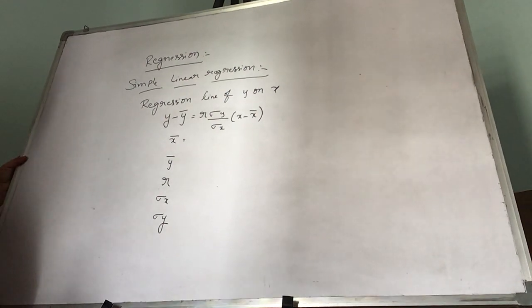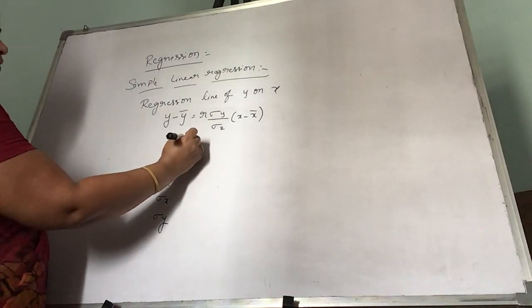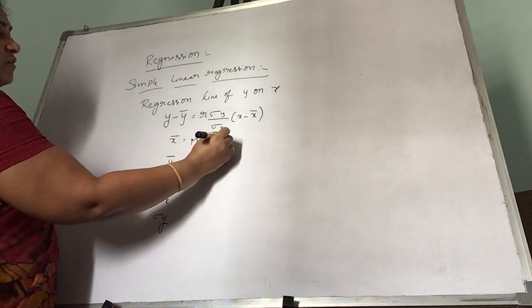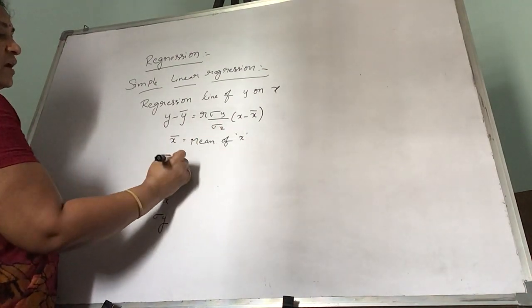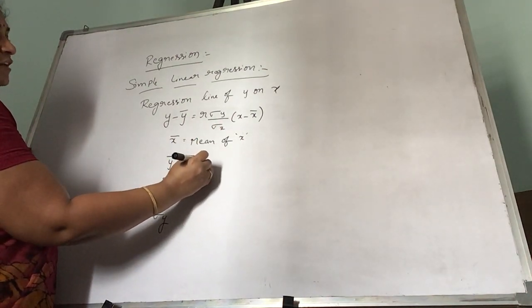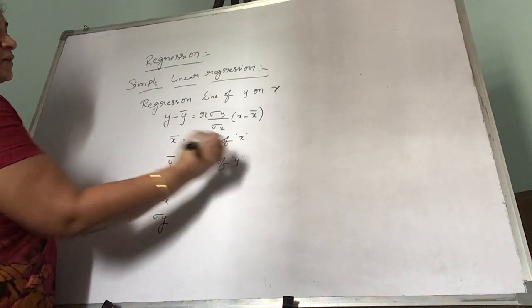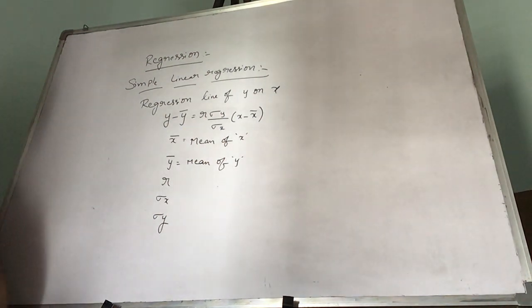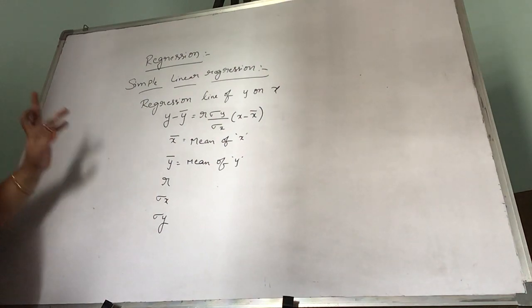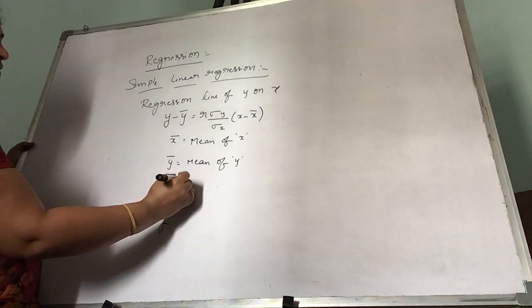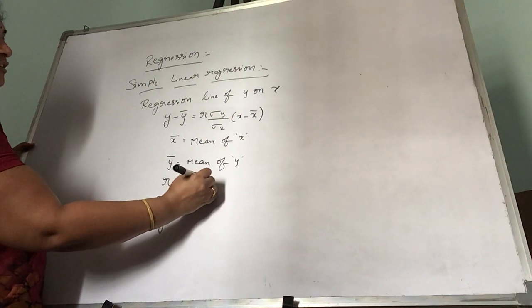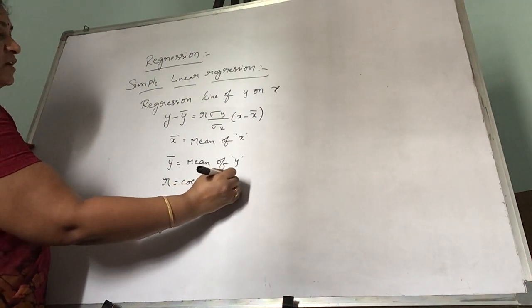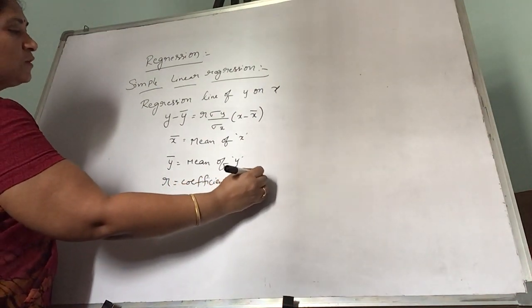Here x bar is the mean of the x observations, and y bar is the mean of the y values. For the given observations of y, we find the mean value, denoted by y bar. Next, small r is the coefficient of correlation.